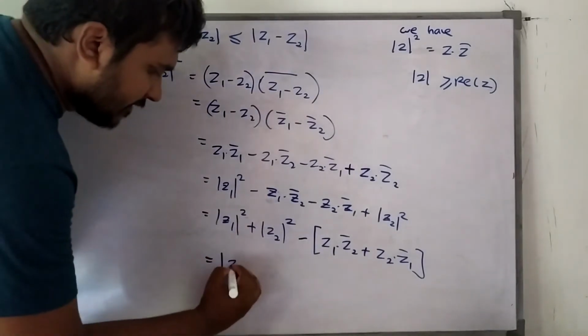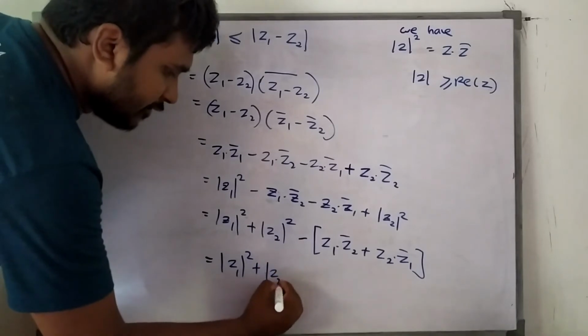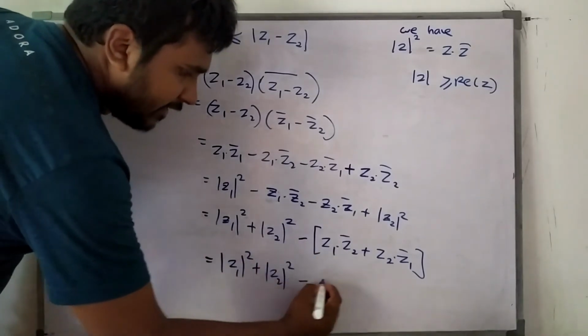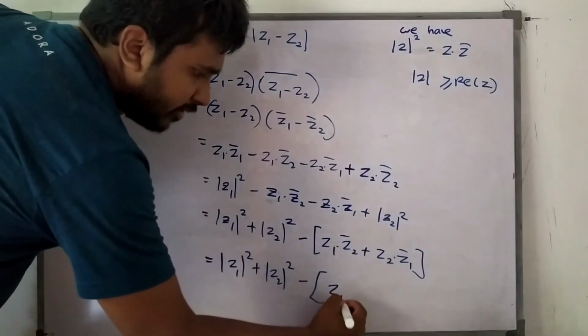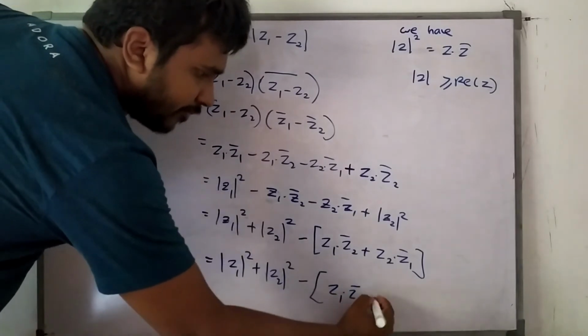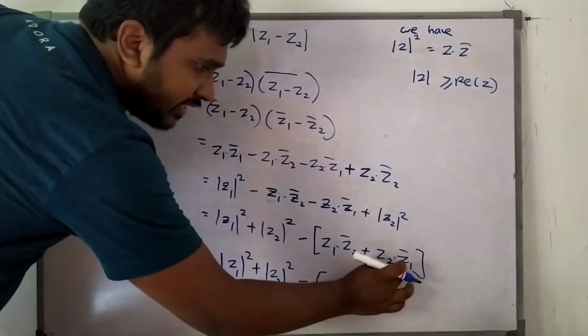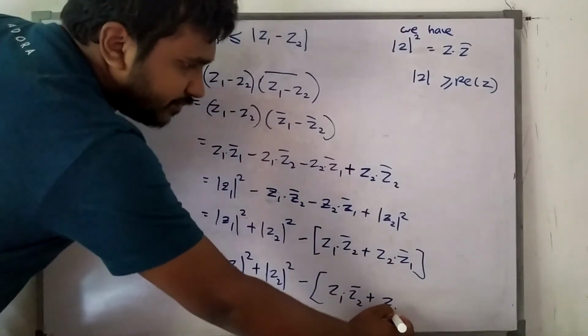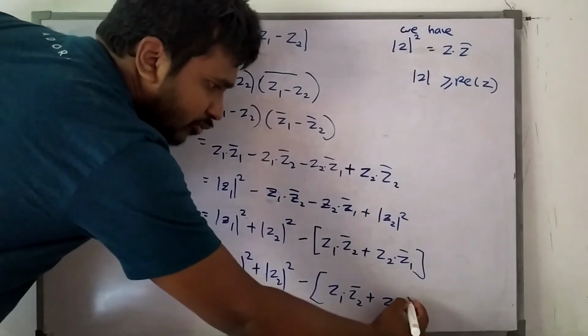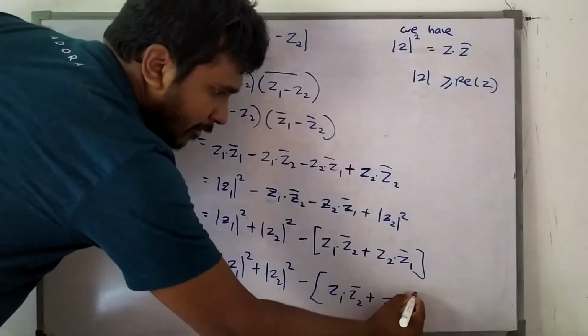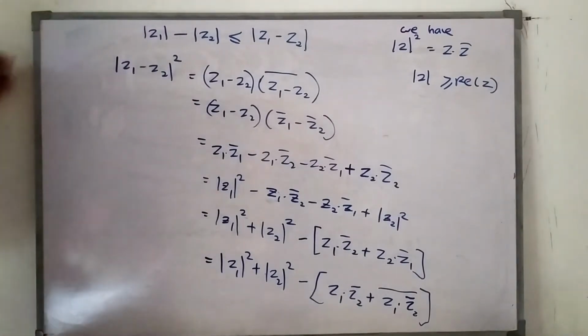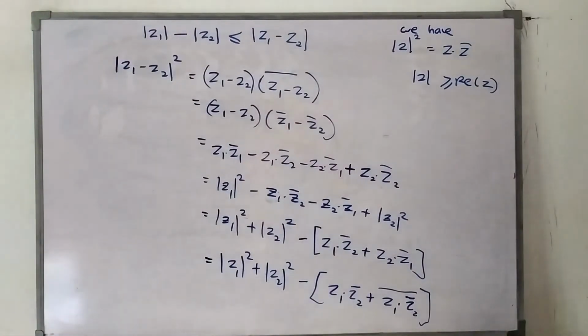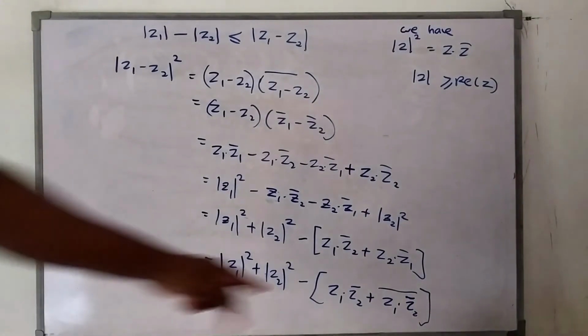So this is z1 plus z2 minus, this can be written as z2 bar plus z1 z2 bar, the whole thing again bar, z1 z2 bar again.